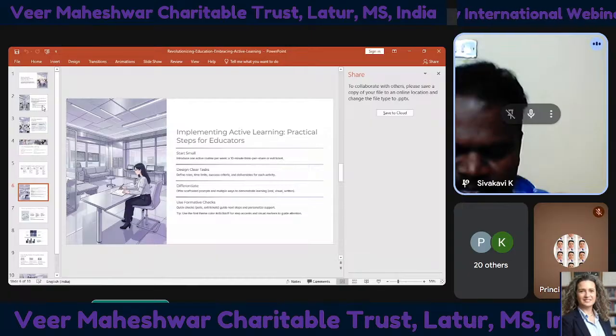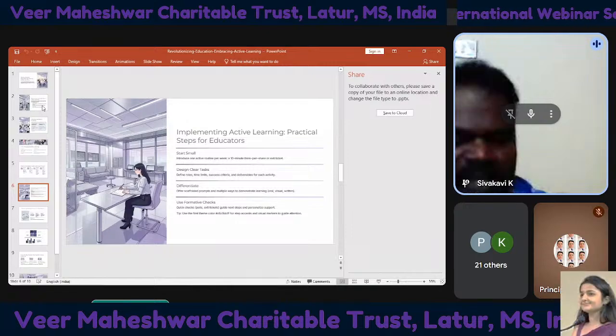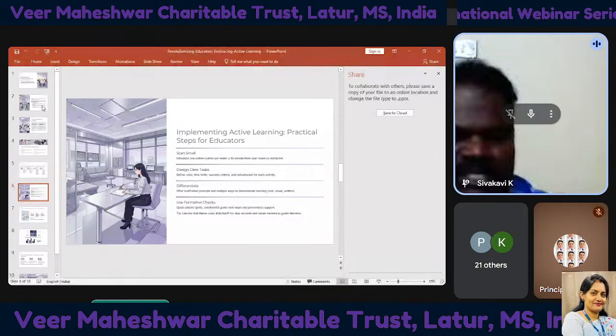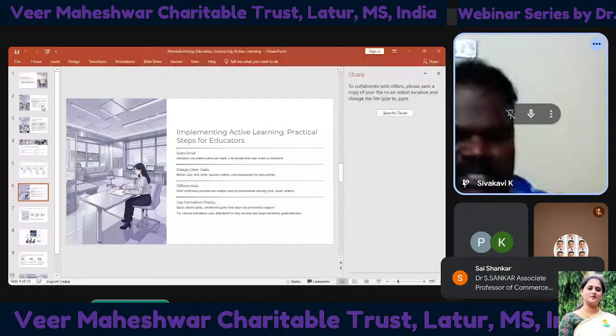If we are taking a small assessment during learning, it is called formative assessment. And the next one is summative. So all those things should go hand in hand, formative plus summative.